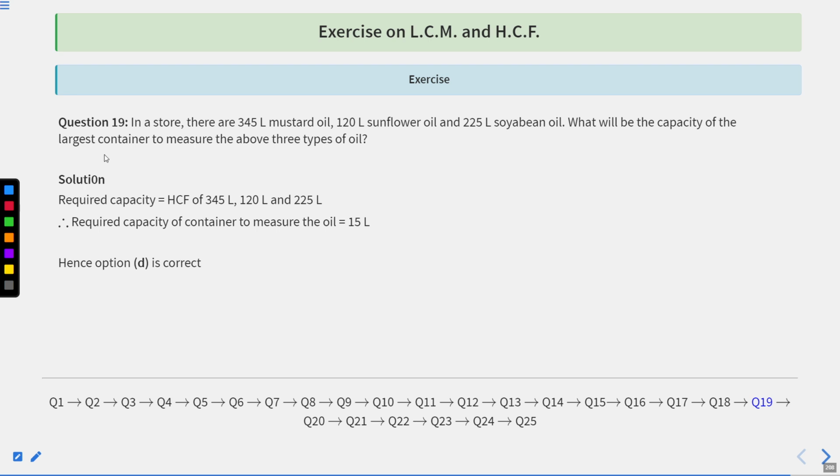So the required capacity is equal to the HCF of 345 liters, 120 liters and 225 liters. So you have to just find the HCF here. The required capacity of the container to measure the oil will be 15 liters. So the correct option here is option D.